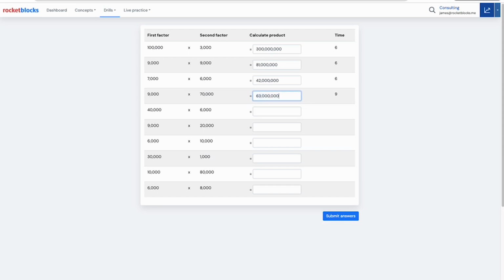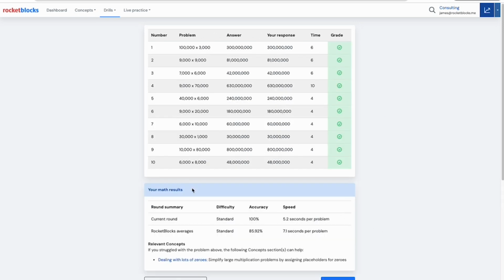Oh, lost a 0. 40,000 times 6,000 is 240 million. 9,000 times 20,000 is 180 million. 10,000 times 6,000 is 60 million. 30,000 times 1,000 is 30 million. 80,000 times 10,000 is 800 million. And 8,000 times 6,000 is 48 million. And let's see how we did this time.